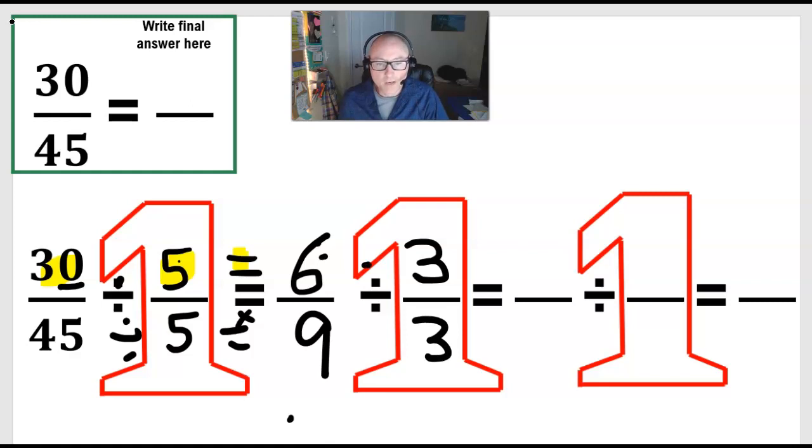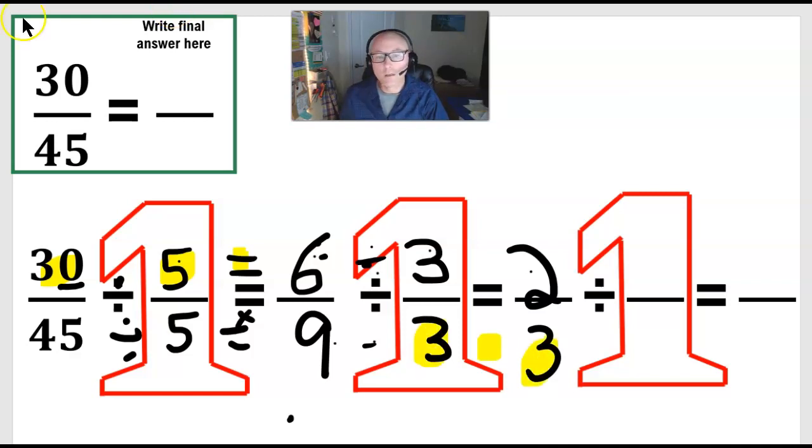And then 6 divided by 3 is, be careful, 2. Yes, because 2 times 3 is 6. Now, 9 divided by 3 is 3. And we check that backwards. Is 3 times 3 going to be equal to 9? Yes, it is. 3, 6, 9.